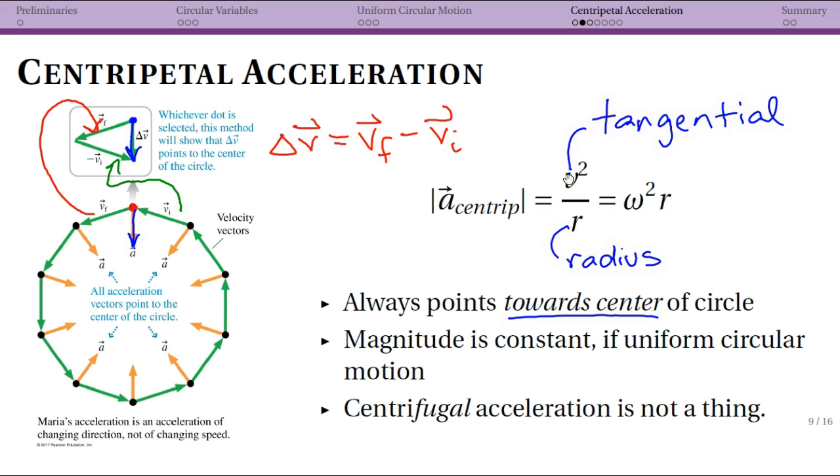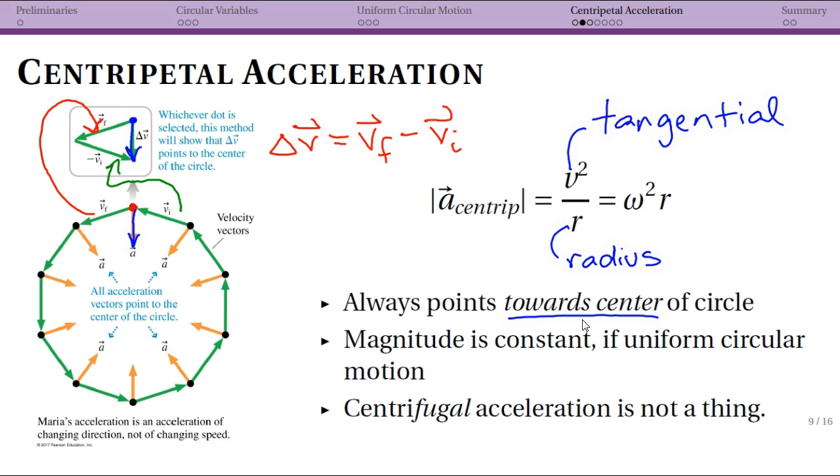And just based on the definition of this tangential v and how it relates to angular speed, we can re-express this in terms of angular speed and the radius. Now, I'm actually going to go through the derivation of this in a separate video because it will take a little bit of time. But first I want to just highlight the most important things to know about this, even if you don't know exactly where it comes from.